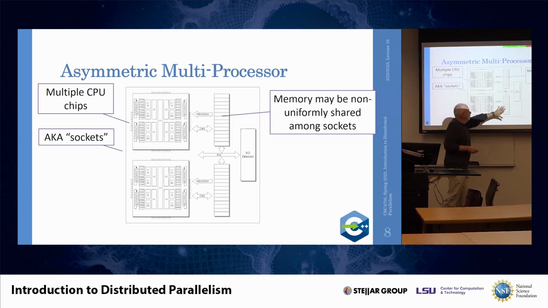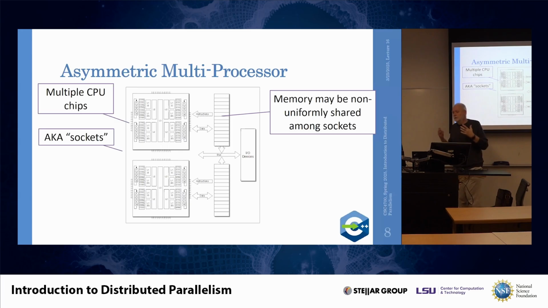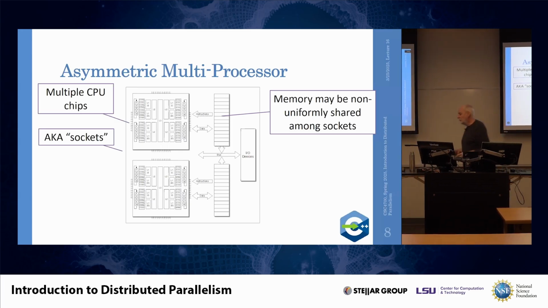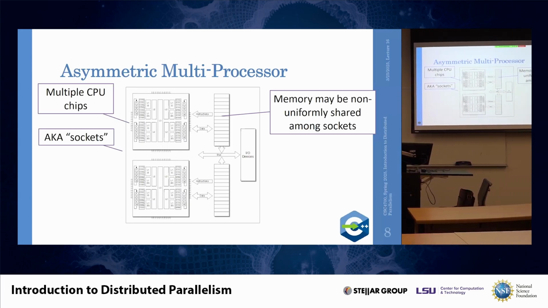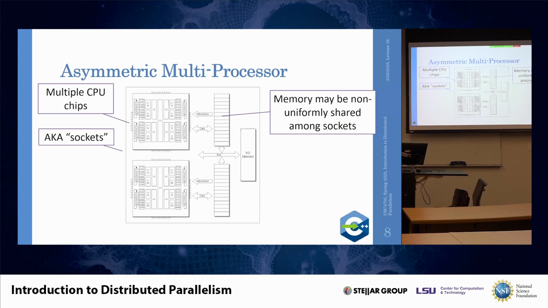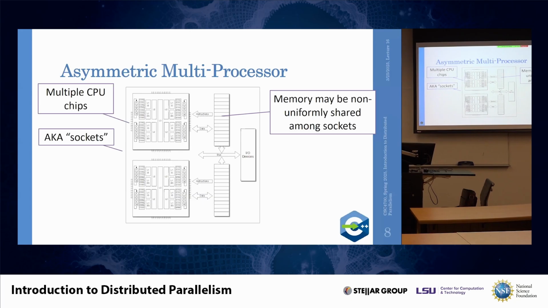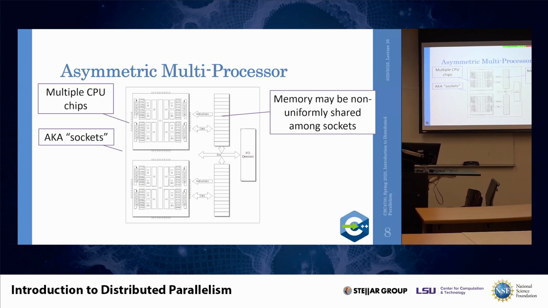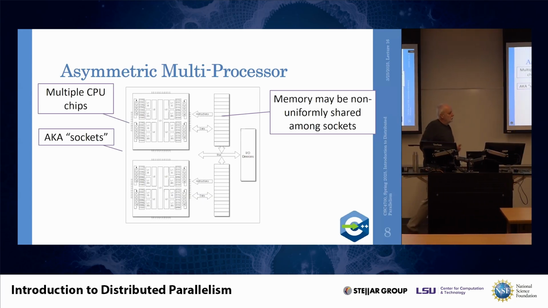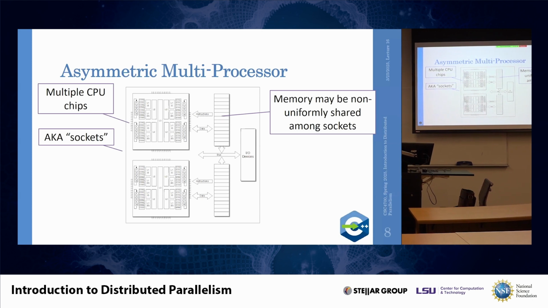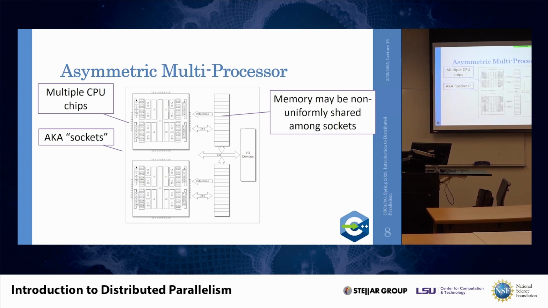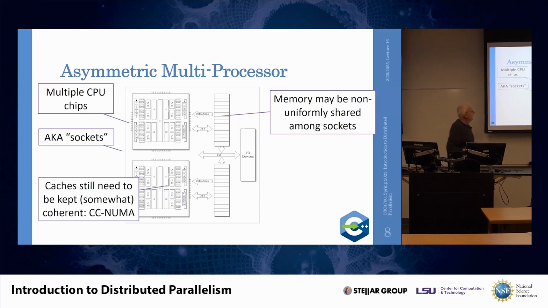So the next step was to actually have the same thing, multiple sockets on the same motherboard, but this time several memory buses. So each of those sockets has its own bank of memory and can access that memory directly, but there's still the possibility for the other cores to access the memory of the other socket, albeit with some additional timing overheads. But people usually ignore that overhead.